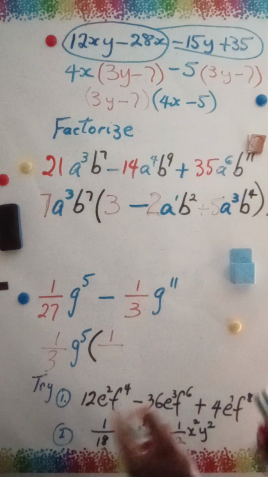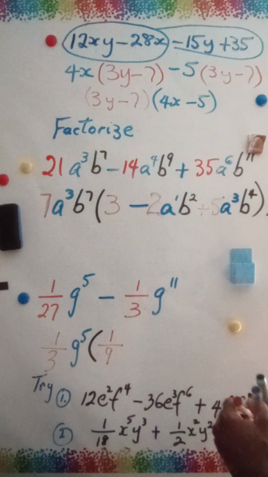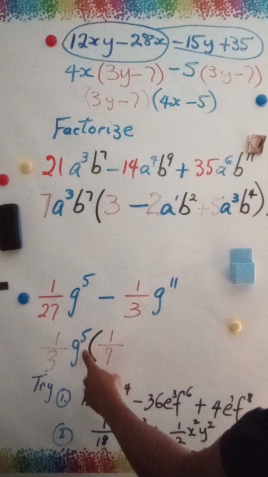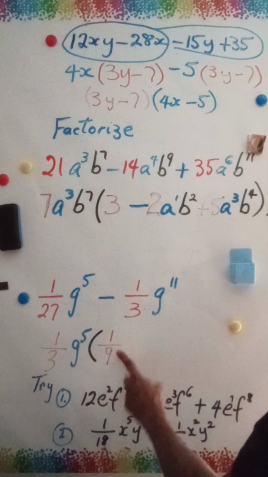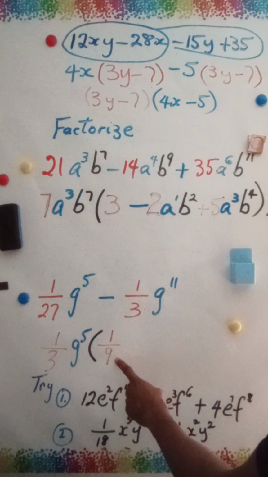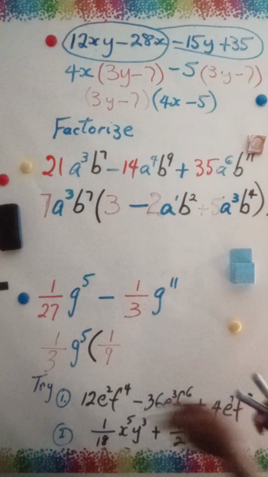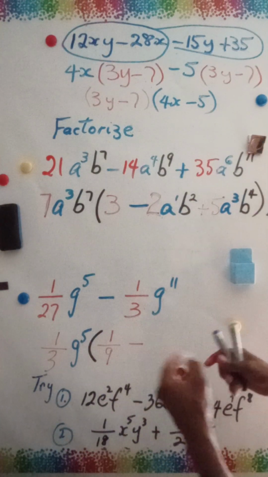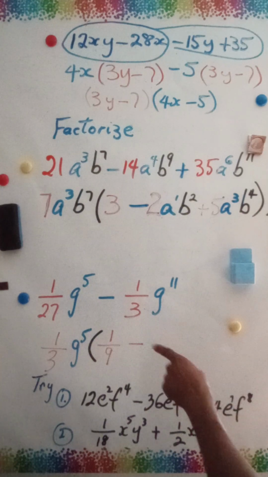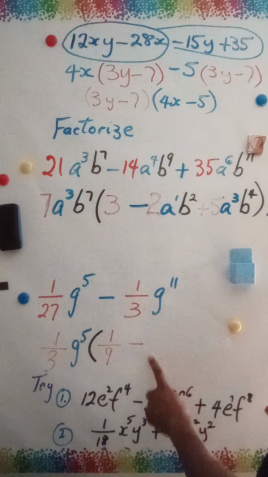Since 1 into 1 is 1, how many 3s are in 27? 9. And what is g to the fifth divided by g to the fifth? 1. Could I put a 1? Are you seeing it? Okay. I didn't write it for you because 1/9 times 1 is 1/9. And from there, we are going to continue the process here with, what is 1/3 into itself? 1.